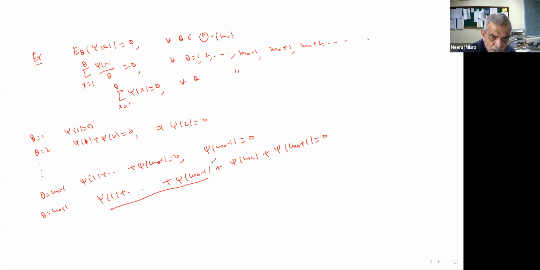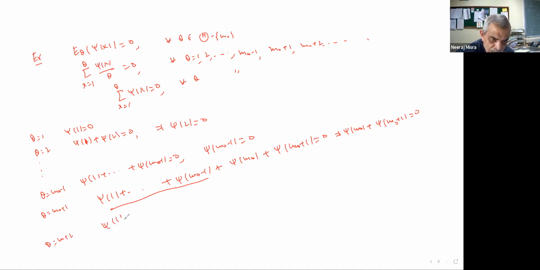These all are already 0 in the previous steps. So this only says that psi of M naught plus psi of M naught plus 1 is 0. Then I can look at theta equal to M naught plus 2.